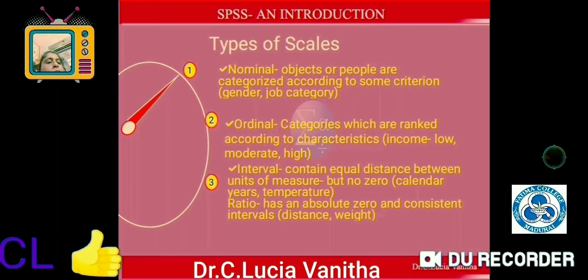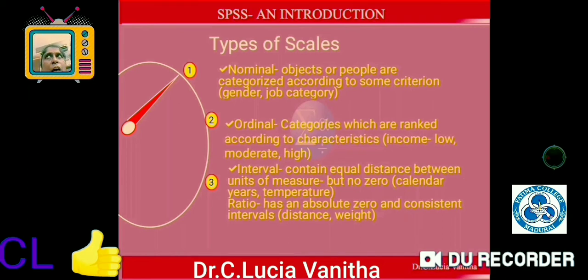Next one is scale. Here we have two categories, one is interval, the other one is ratio. Interval has equal distance between units of measure, but it doesn't have a true zero. Calendar years, temperature, all these don't have zero. That is interval.